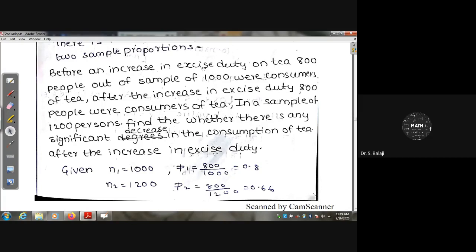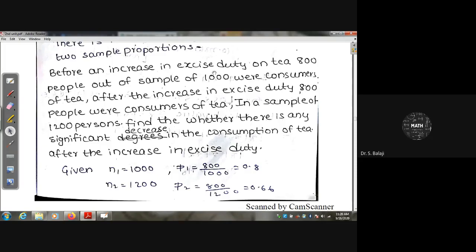An increase in excise duty means a tax, like VAT. Now we have a common GST, but previously we had excise duty, VAT, everything. It is one type of tax.